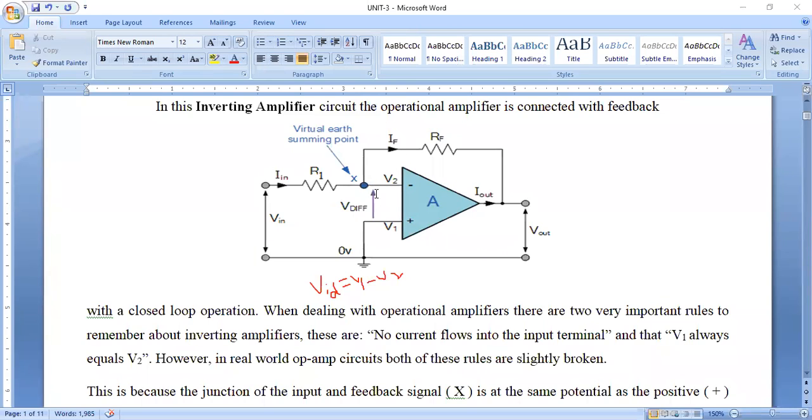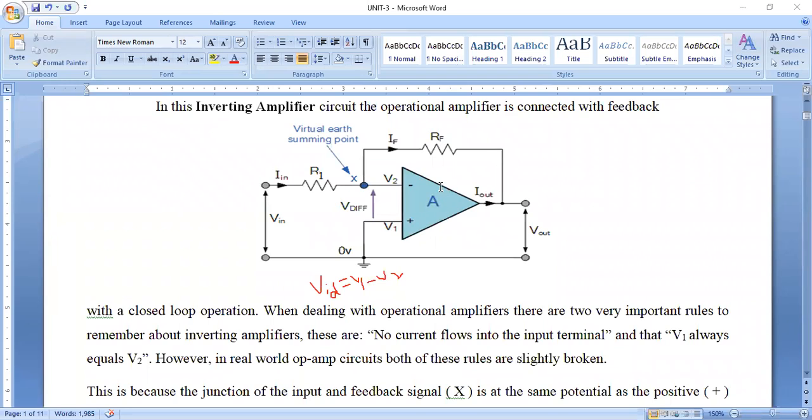At this point we are connecting the negative feedback connection. That's why this point is called the virtual earthing point or virtual summing point or virtual ground. In this condition, voltage at point A is equal to voltage at point B, and current through the ideal operational amplifier is zero.